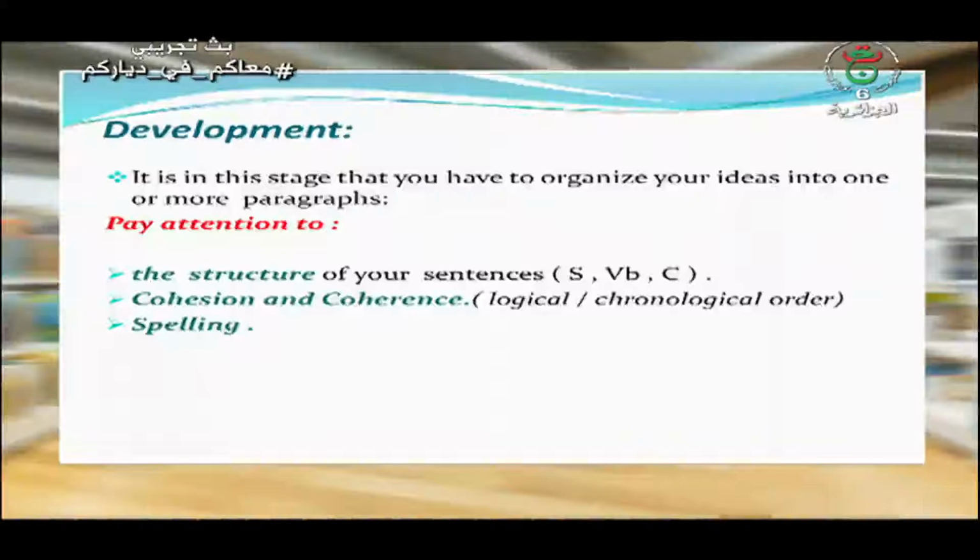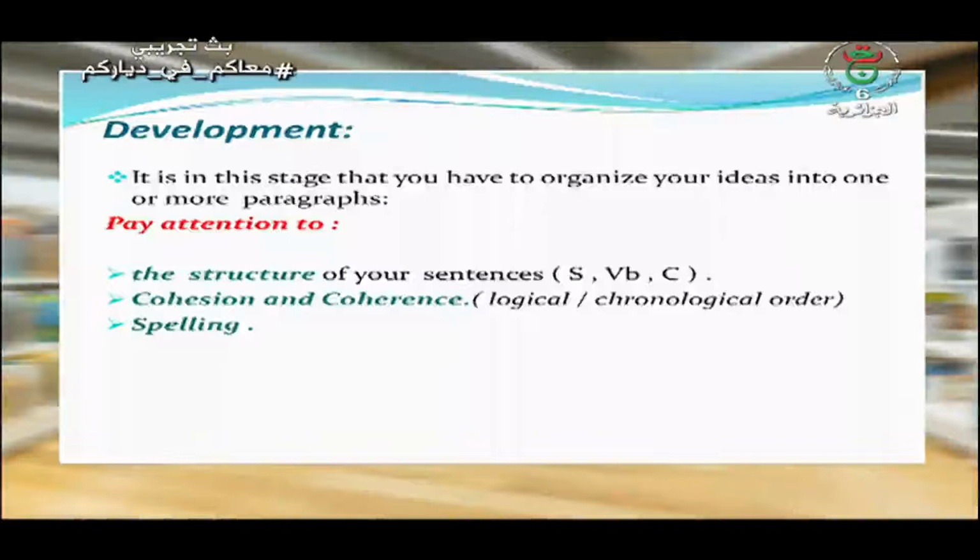Cohesion and coherence also are important. Your sentences should be well grammatically structured. Your sentences should follow a certain logic, starting from the introduction to the development to the end, or even between the ideas in the development. Spelling mistakes: pay attention to spelling.